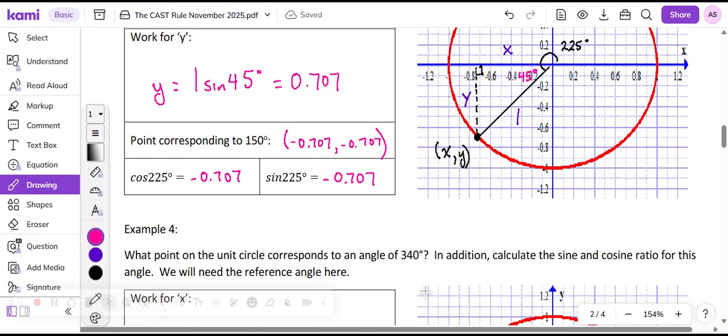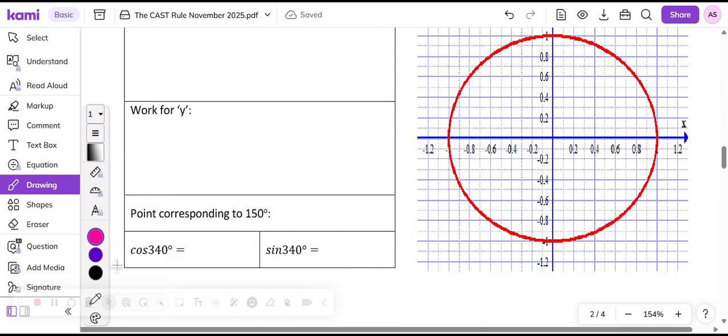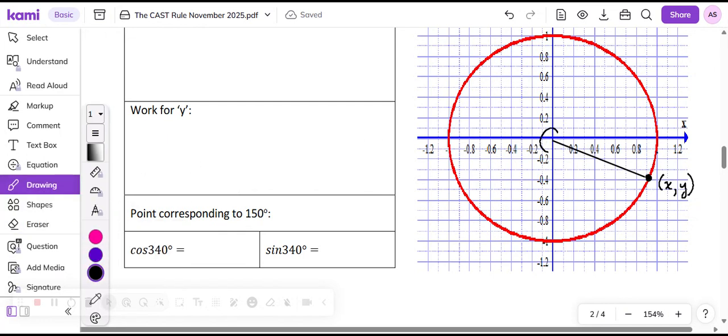All right, guys. Last example to cement the pattern here. 340 degrees. Let's draw it. 340 is pretty close to 360. So I'll draw it over here. Make our right angle like we have been doing. So we zoom around. That's 340 degrees.